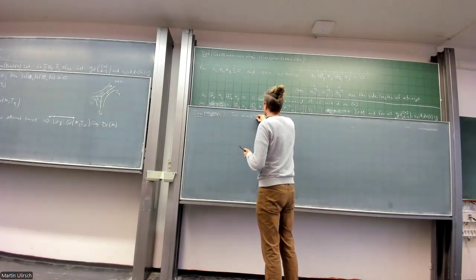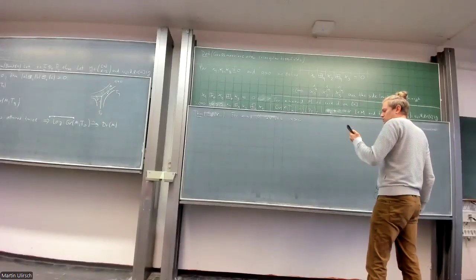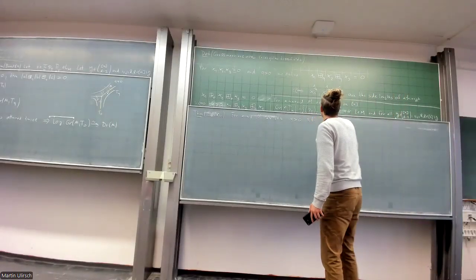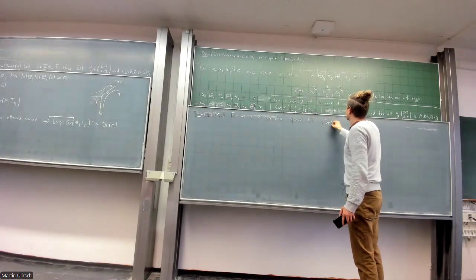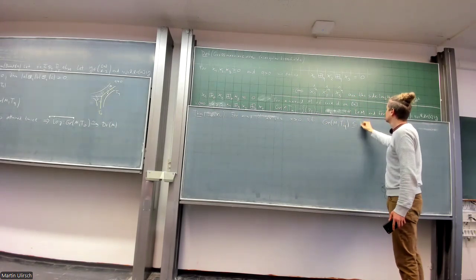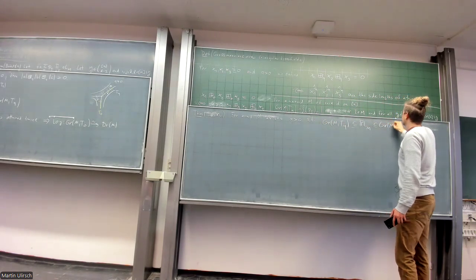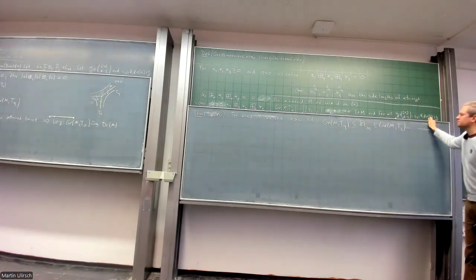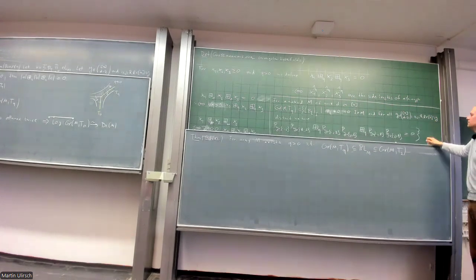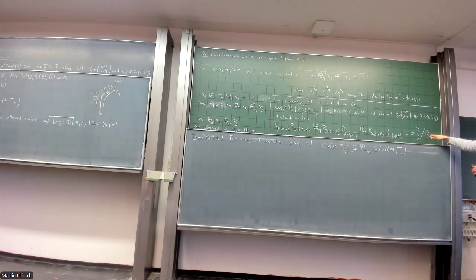For every matroid M, there exists a positive Q such that this holds.